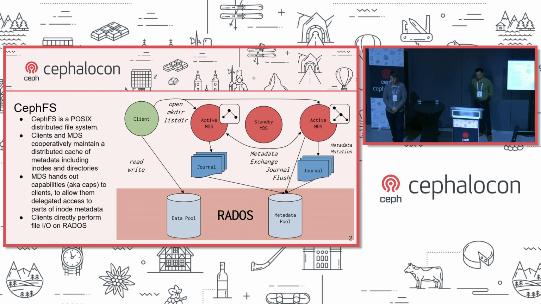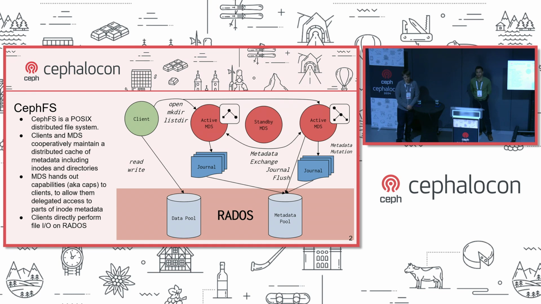Okay, so for those who are not already familiar with CephFS, I'm just going to give a very brief overview of what it is. CephFS is a POSIX distributed file system. It's endeavoring to behave exactly the same as you would expect for any POSIX local file system.